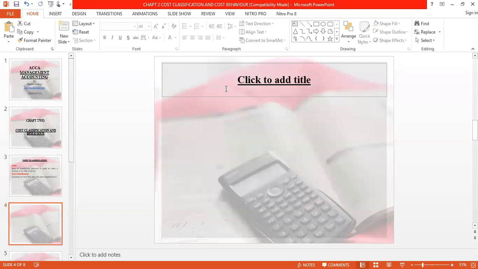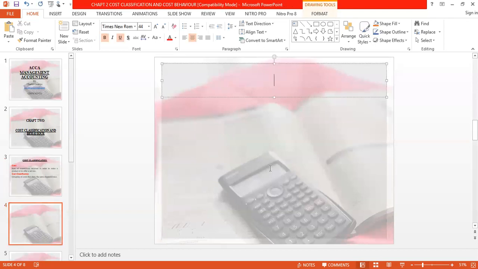Now, we will be focusing on different methods, different ways to classify costs.